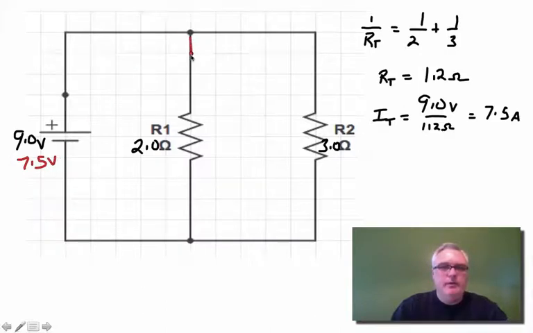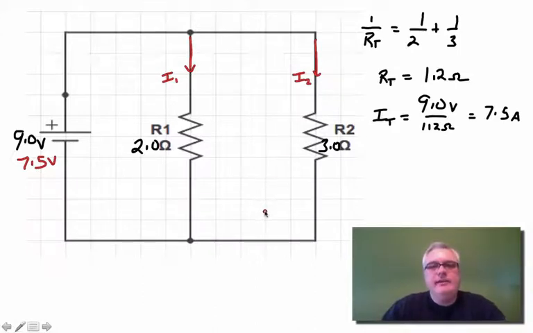That won't be the current down each path though, because down each path I'm going to have a different amount of current. So how am I going to find the current in these two resistors if I don't know the voltage? Well, another thing to remember about parallel circuits is that the current gains 9 volts in the battery.